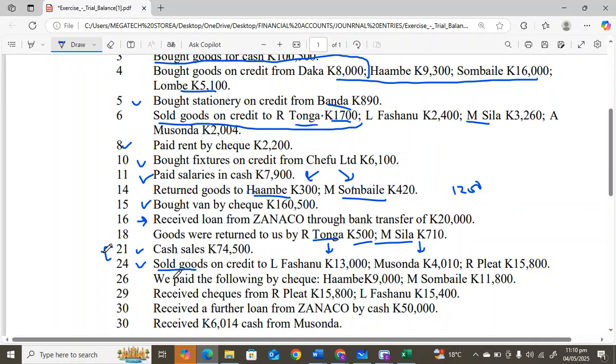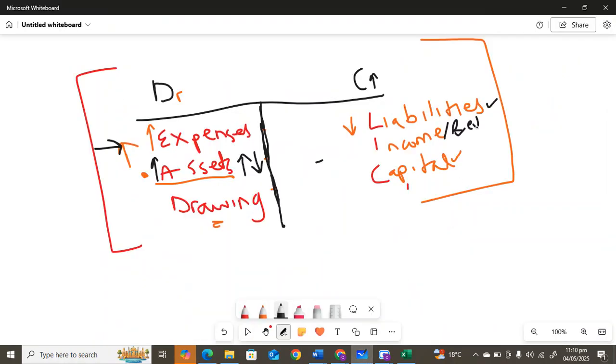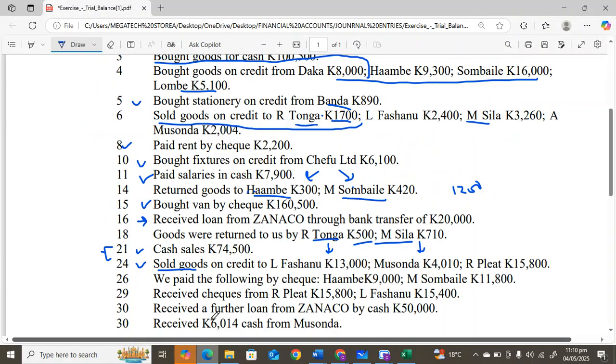We'll credit sales, yes. Sales is revenue. They're owing us money, our receivables, right? So increase in our assets, debit, also increase in sales revenue, credit.